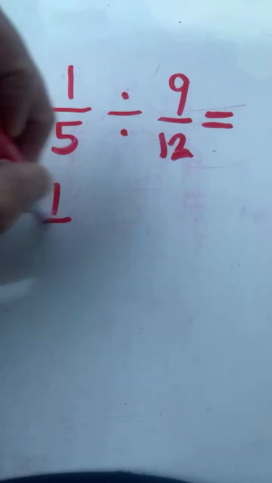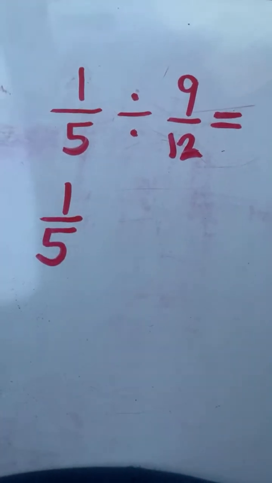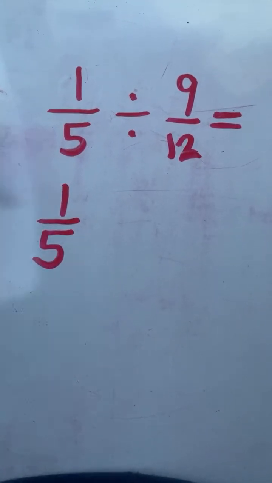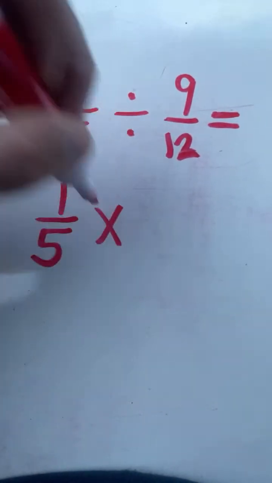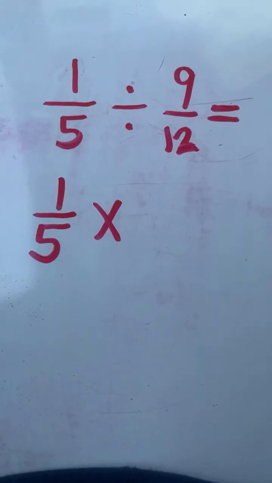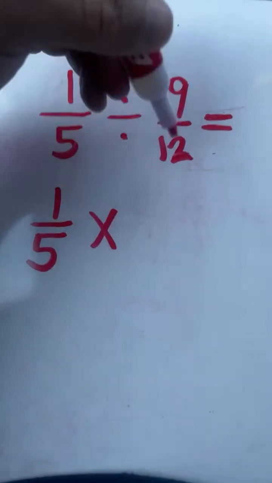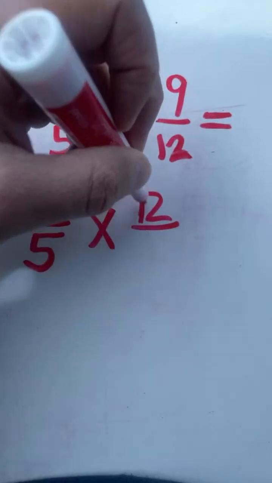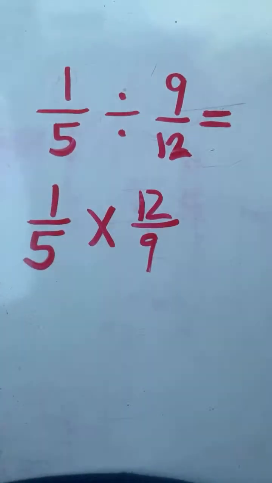Keep the first fraction the same. Step 2, we change the division sign to a multiplication sign. Step 3, we flip the second fraction. 9/12 flips over to 12/12 over 9, that is, 12/9.